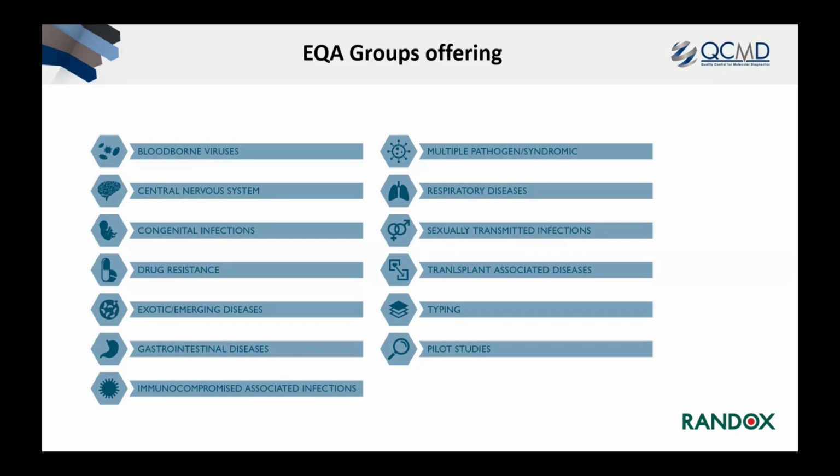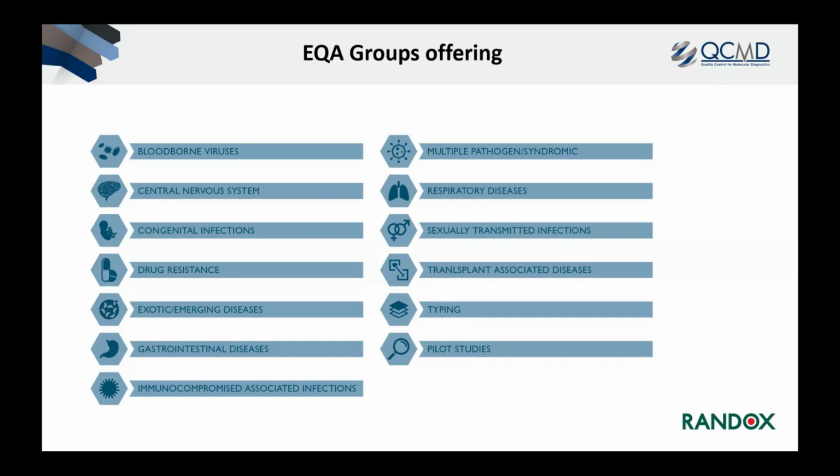There are drug resistance programs. There are programs for exotic and emerging diseases. We'll touch on this a little bit further in a moment. Programs for intestinal infections for those with compromised immune systems.